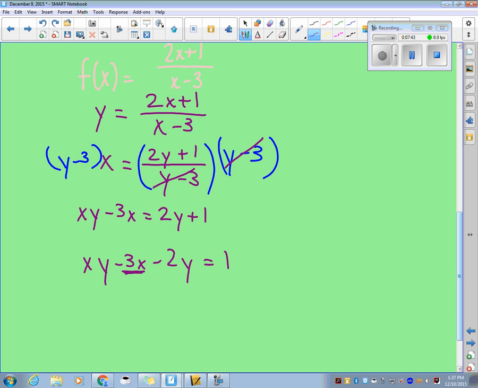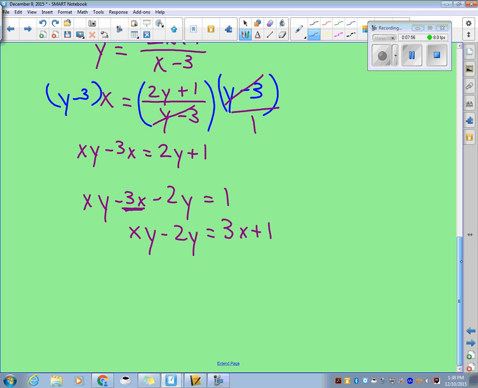So xy minus 2y equals 3x plus 1. Okay, so we have this, and this can be factored into y times x minus 2. And again, now I have the y kind of by itself, and 3x plus 1. And then I'm going to divide both sides by x minus 2.